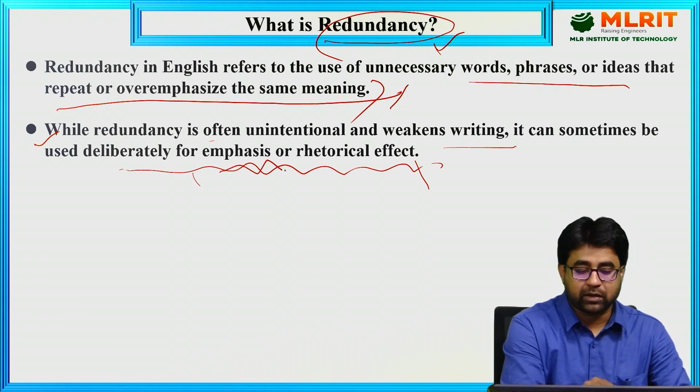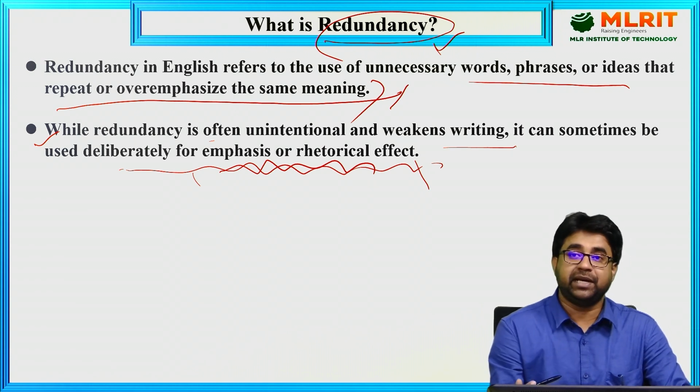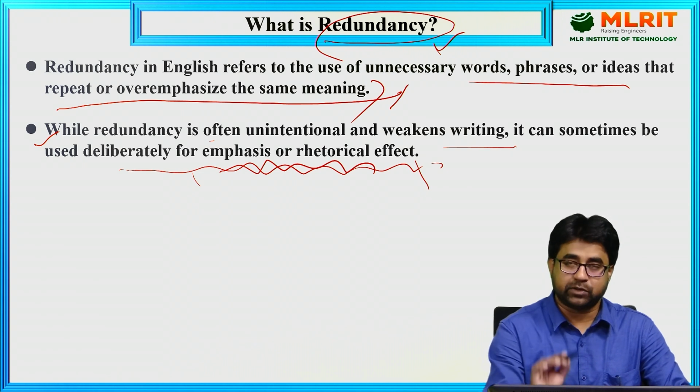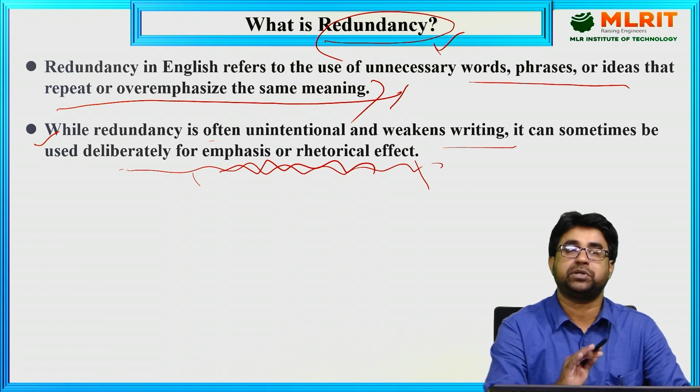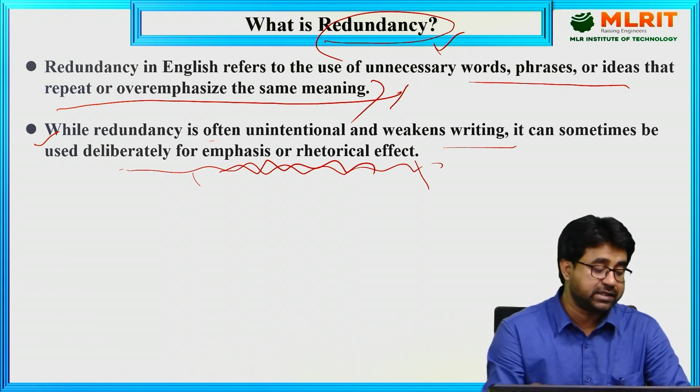These are not characteristics of technical writing, so as an engineering student, I should be avoiding it. Fine. I hope it is clear. Redundancy means something extra which is not required. You can manage a sentence without using those extra words, so those extra words are known as redundancy.